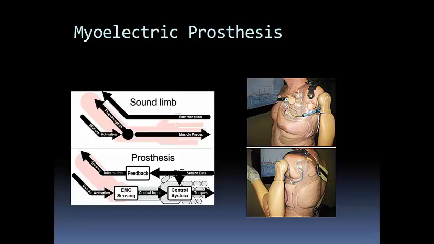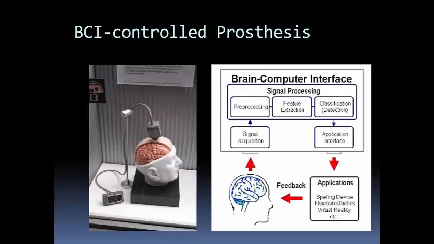For BCI-controlled bionic arms, the arms are controlled directly from the brain and not the peripheral nervous system. To do this, electrodes are placed on the brain, typically invasively, as non-invasive methods do not provide high enough spatial locality for fine motor movement detection, which measure the brain's electrical activity.